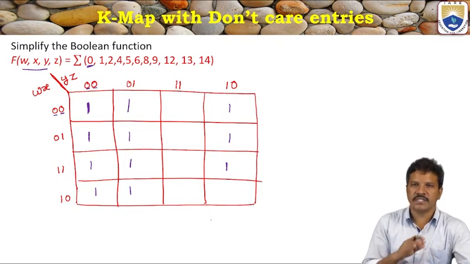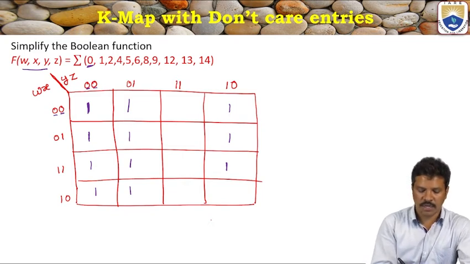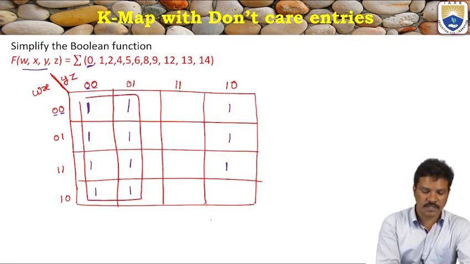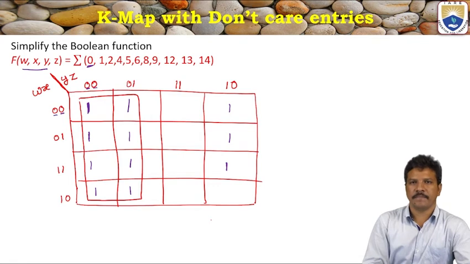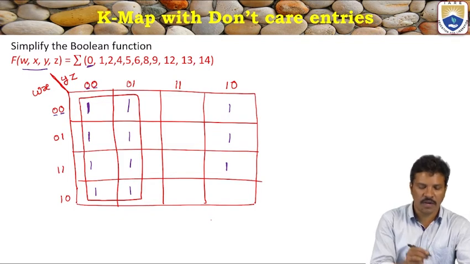Is there any 8 ones horizontally or vertically or in a square shape? Actually there is no square of 8, so horizontally or vertically there is one possibility. So in order to cover this first minterm, which has adjacents, the shape is 8 ones. This is the one. That is 8 ones having adjacents together, so that we can cover all 8 ones.